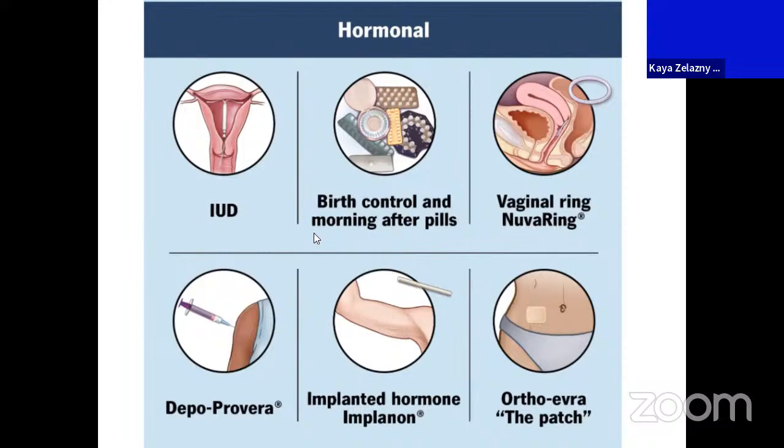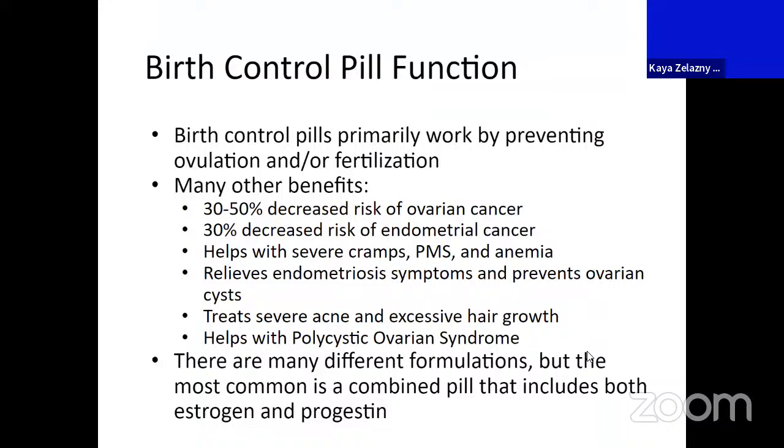So the NuvaRing or the IUD, the Depo-Provera shot, or the implant. All of those are also releasing small amounts of hormones to kind of mess with the cycle, as is the Ortho Evra patch.